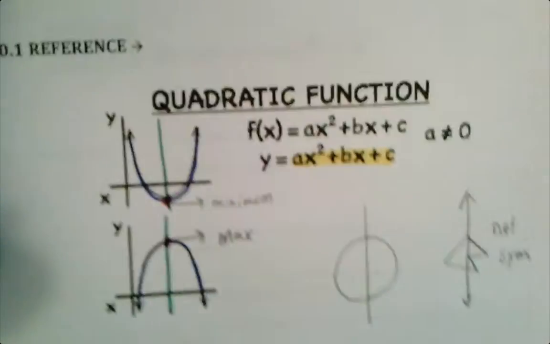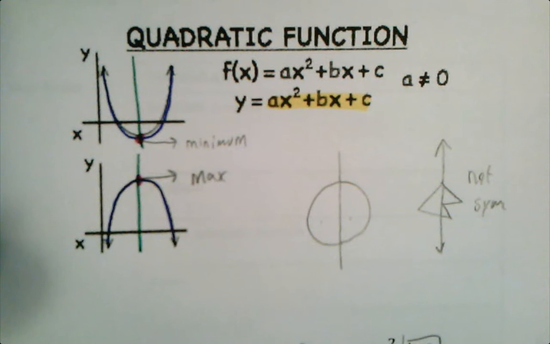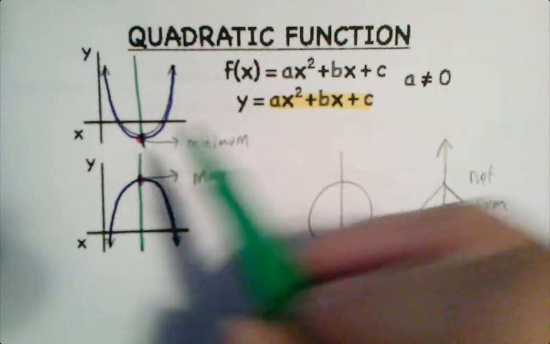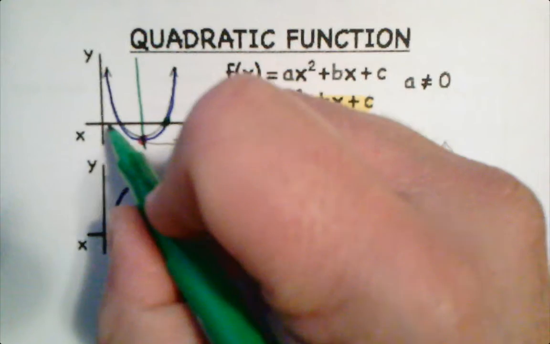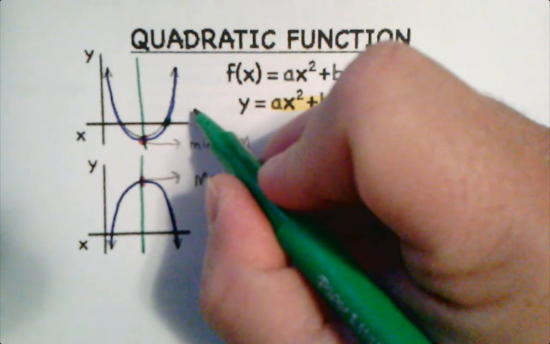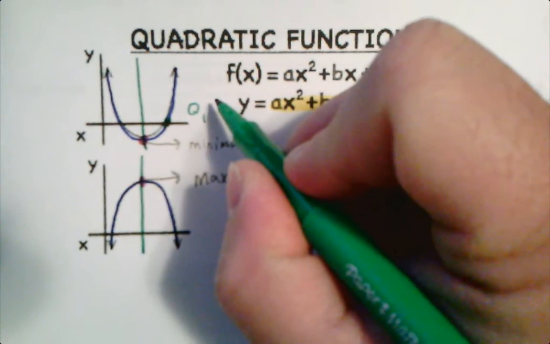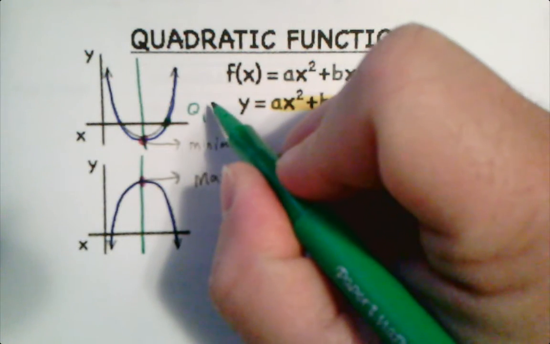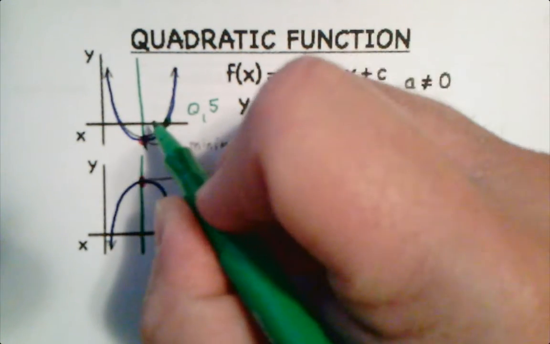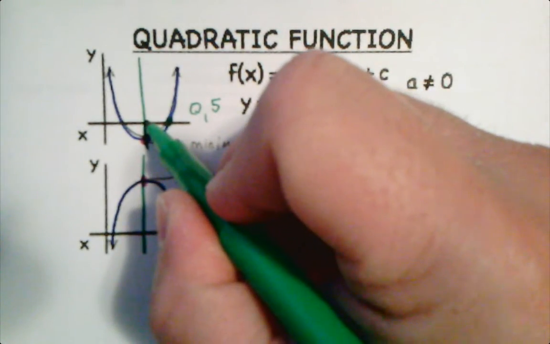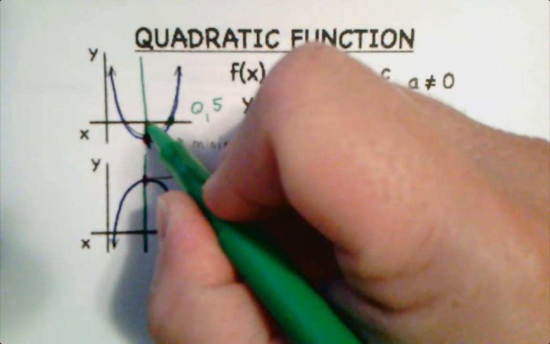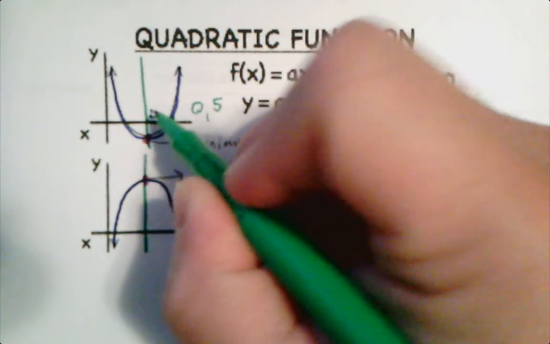So the line of symmetry is huge when it comes to graphing quadratics, because as soon as you get a coordinate on one side of the line, like say for example this is the point 0, comma 5, and this was at 2, it's a little hard to explain without the actual numbers.